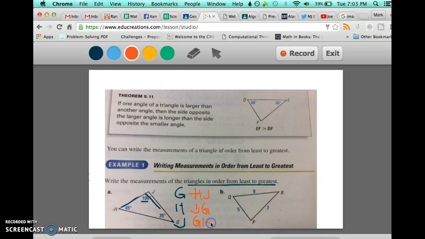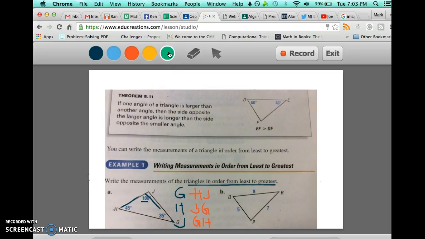And of course, the order doesn't matter, you can switch the order of the two endpoints. Like, instead of saying HJ, you might have said JH. Instead of saying JG, you might have said GJ. And instead of saying GH, you might have said HG. Similarly, if you know the sides, then you can rank the angles.